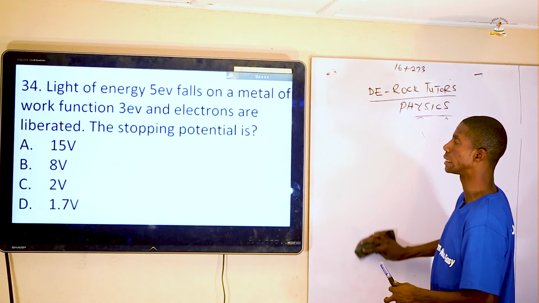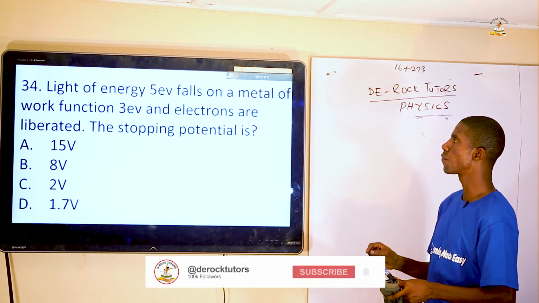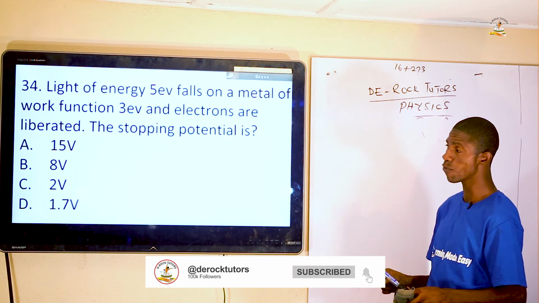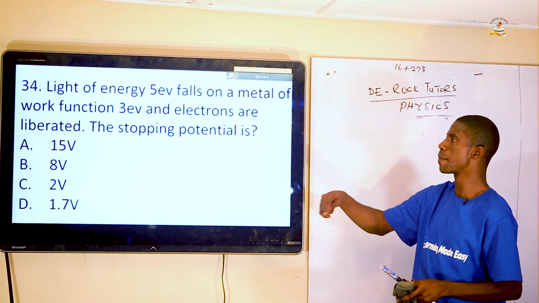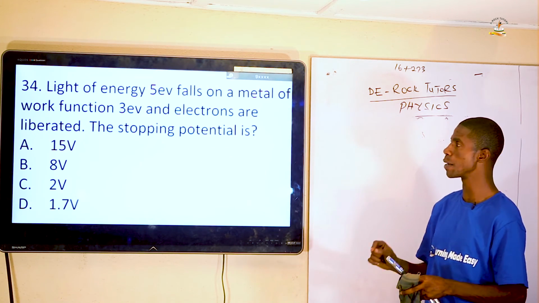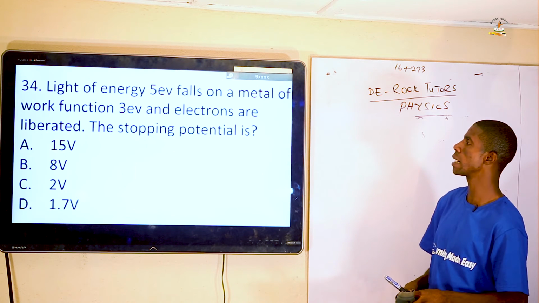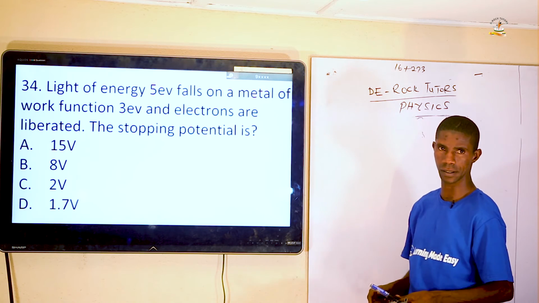Light of energy 5 electron volts falls on a metal of work function, and that work function has a definition as well. That is the minimum energy required to remove an electron from the surface of a metal. Electrons are liberated. Now the question is, the stopping potential is.